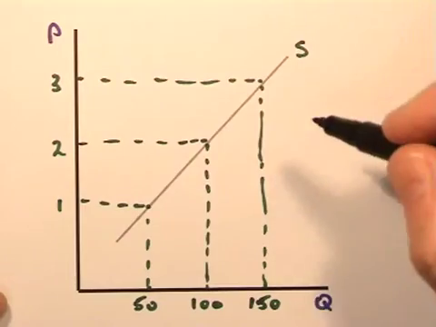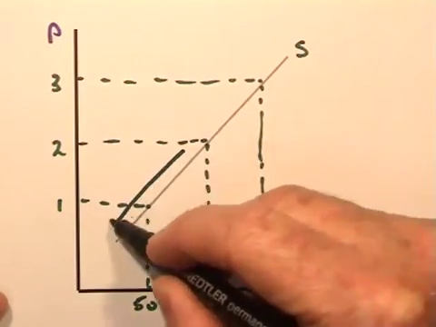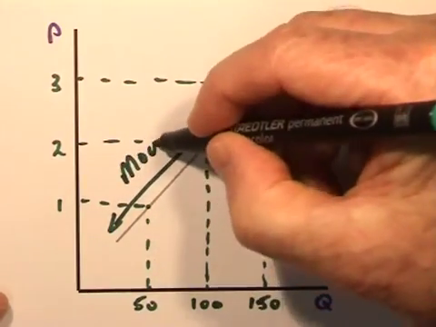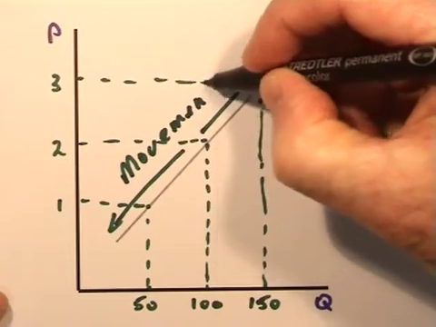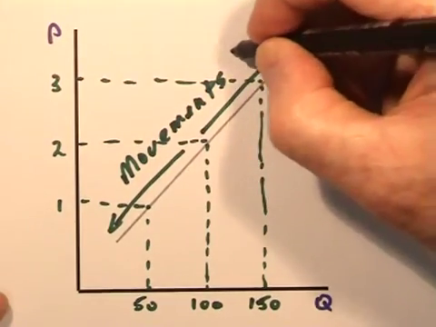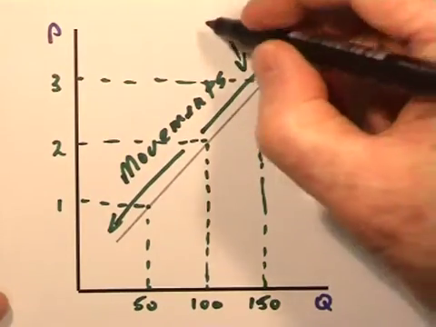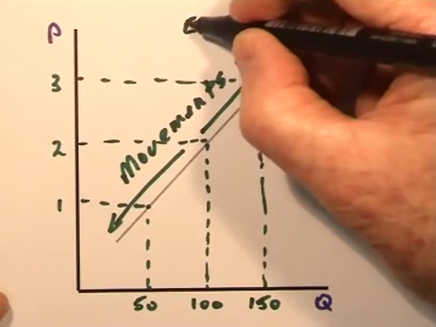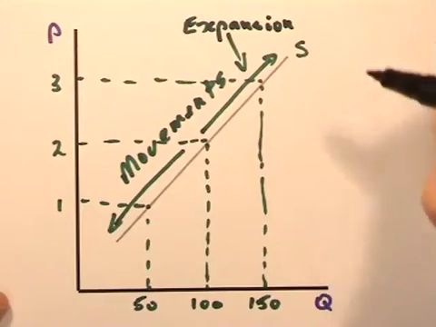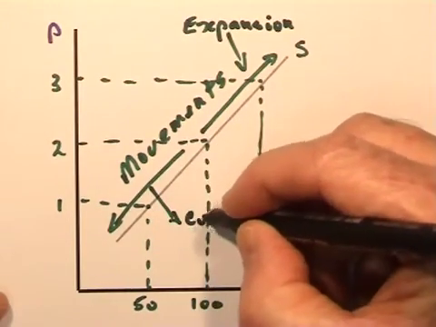The same deal applies with these, that we have, in this case, movements, and you'll remember that from the demand explanation that we had. And you remember also that we said that these movements were, in this case, an expansion, and in this case, a contraction.